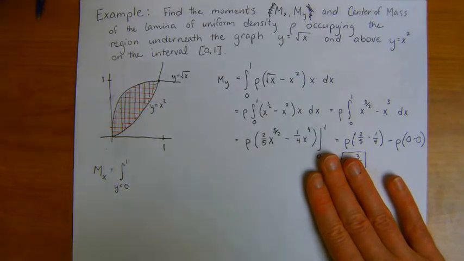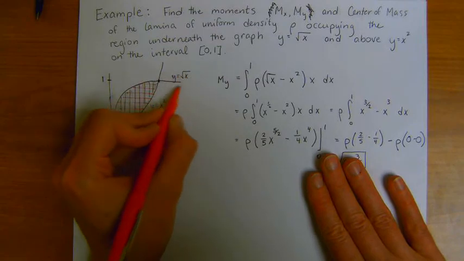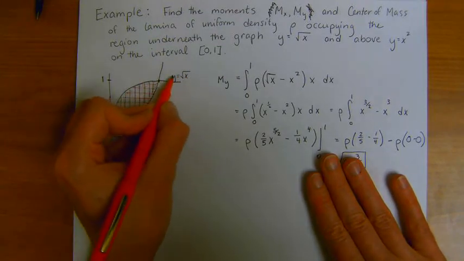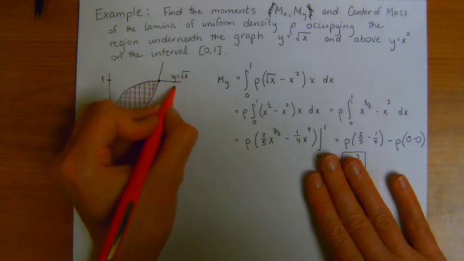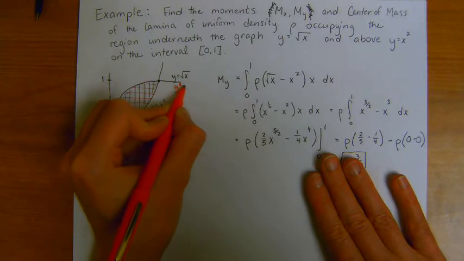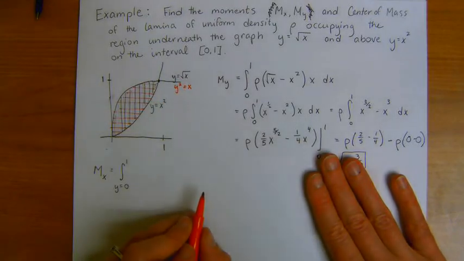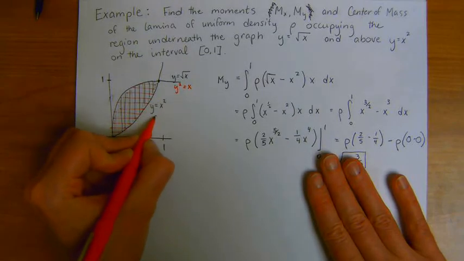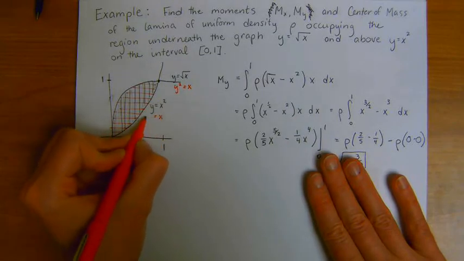The other tricky thing that happens is that I need to resolve these curves. This curve over here is the curve y equals square root of x. That's the same thing as y squared equals x. Also, solving for x for this one becomes x equals the square root of y.